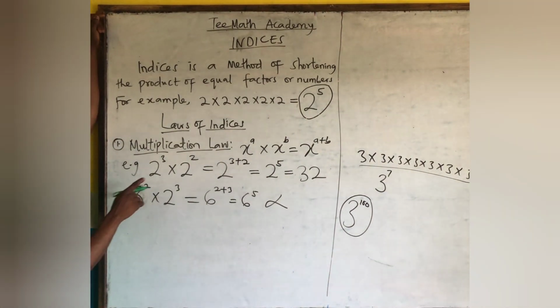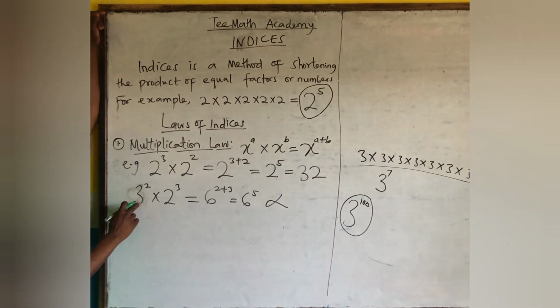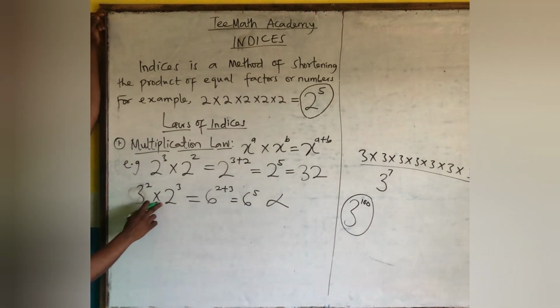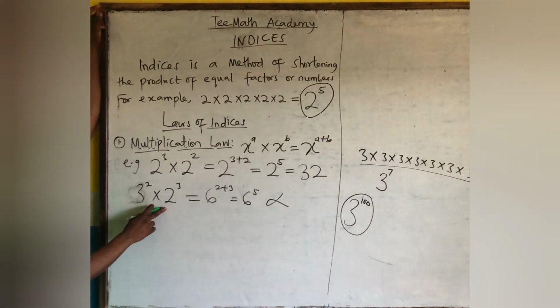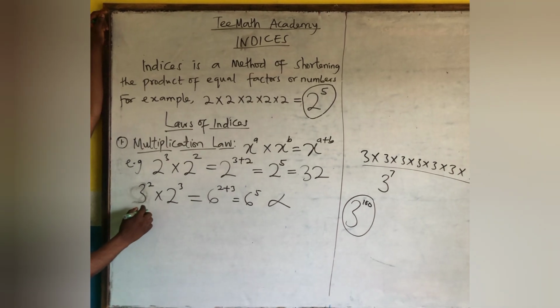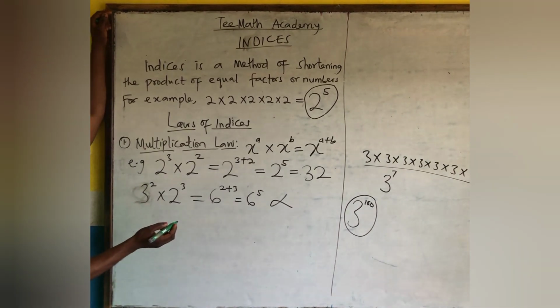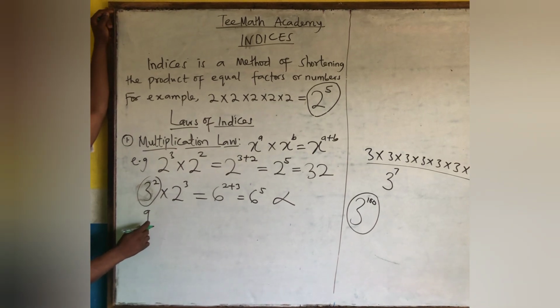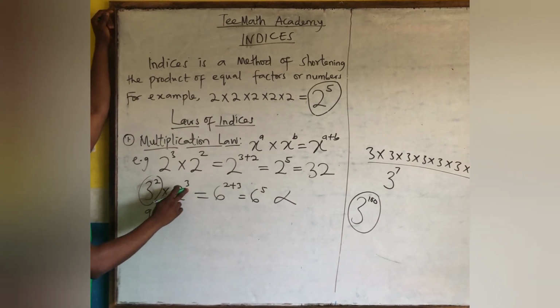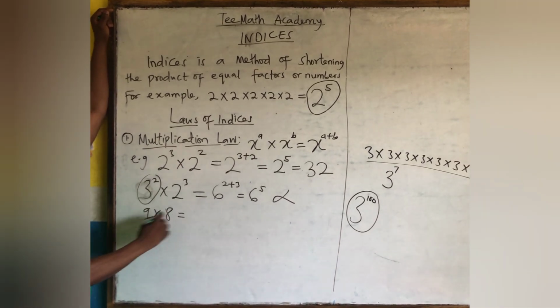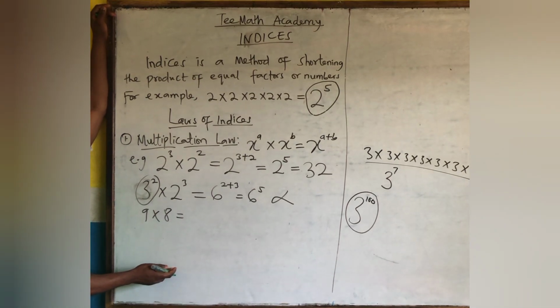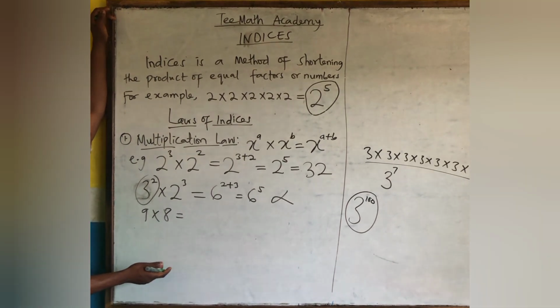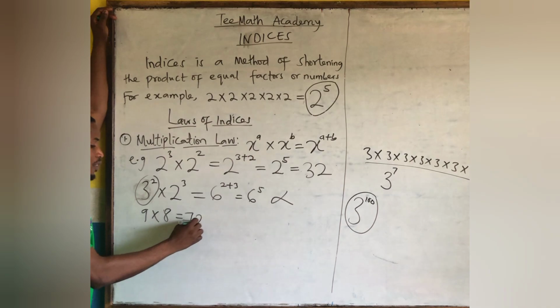You must follow the law that says the base must be equal. But in this case, the bases are not equal. So what do we do? You solve it individually. So what is 3 raised to power 2? That is 9, 3 times 3. Then we also have 2 raised to power 3. That's 8. So from here, you can now solve this, instead of saying it's unsolvable. So that is 9 times 8. That gives me 72 as the answer.